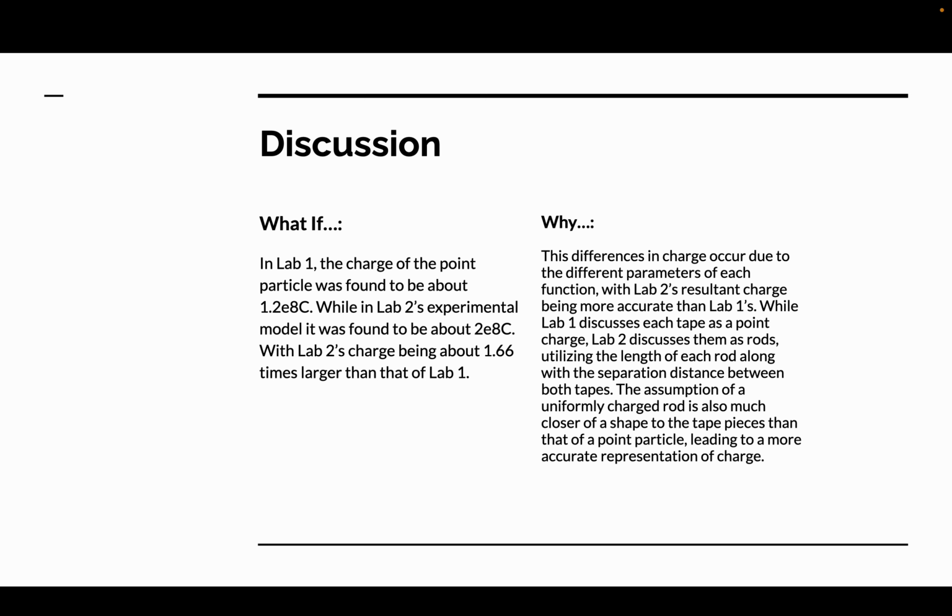But Lab 2 treats them as a rod, which is more accurate to an actual tape-like shape and more accurate to that separation of charge throughout the tape, while in Lab 1 it was just a point particle impacting a point particle. So that's really the greatest source of difference between these two. Everything else stays the same, the system and surroundings stay the same. It's just how we identify our model.